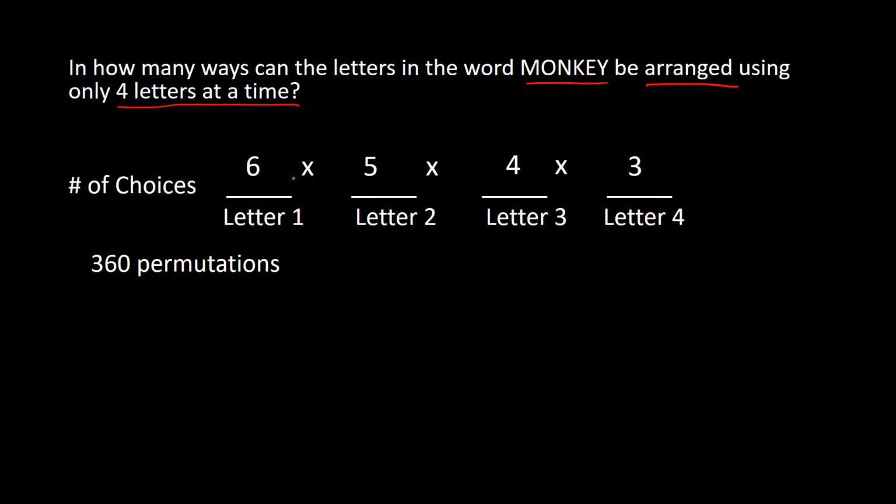Now notice this is kind of like a factorial in the sense that we are starting with a number, multiplying it by the number right beneath it, then multiplying by the next one and the next one. But notice there is no times 2 and then times 1 to make this a factorial. But it's kind of the same idea. So here in probability, we can write this in a shorthand manner.